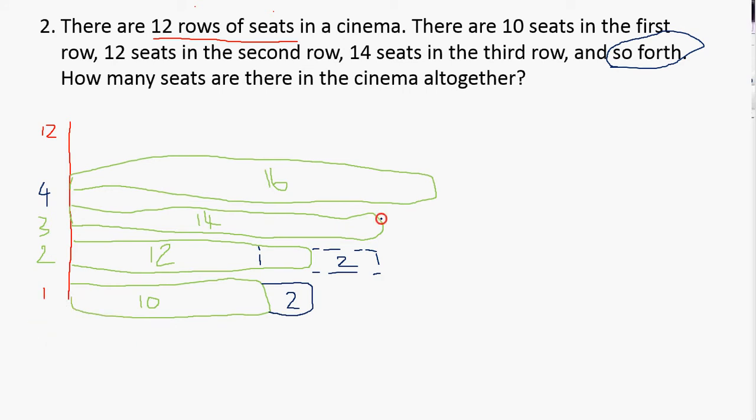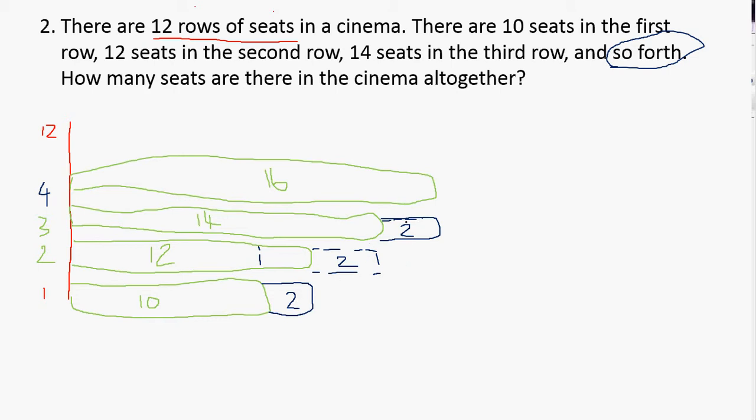Over here is also 2, correct? Yeah? So imaginary line 2, right? So it should be dot, dot, dot. So 2 here.